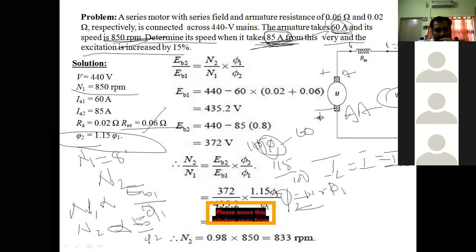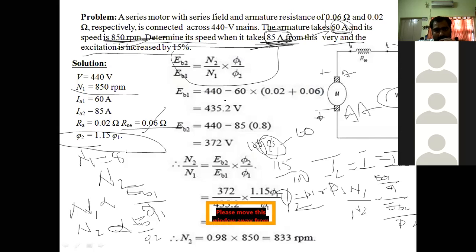So if you take the ratio, N1 by N2 is EB1 by phi 1 divided by EB2 by phi 2. By solving this, we get EB2 by EB1 equals N2 by N1 equals phi 2 by phi 1.